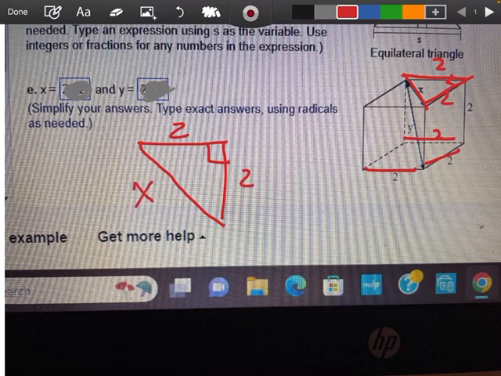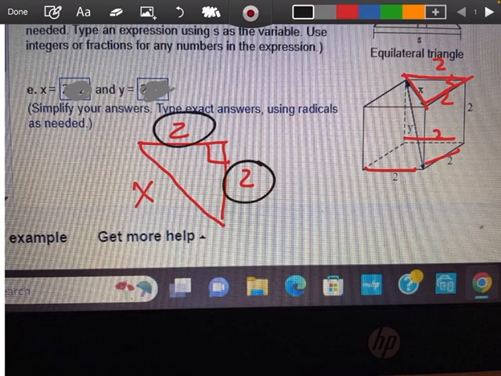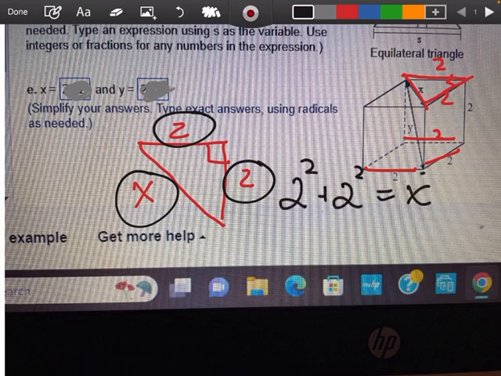We can just use the Pythagorean theorem: 2 squared plus this 2 squared is equal to x squared. So that's 4 plus 4 is x squared, and I'm going to do this on the next page. So I have 8 is equal to x squared.